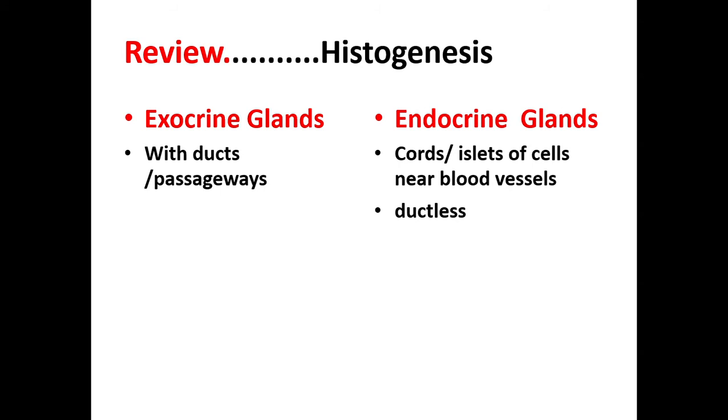So take note, exocrine glands with ducts or passageways, while the endocrine glands in the form of cords, in the form of islets of cells or clump of cells near blood vessels, and is considered to be ductless.